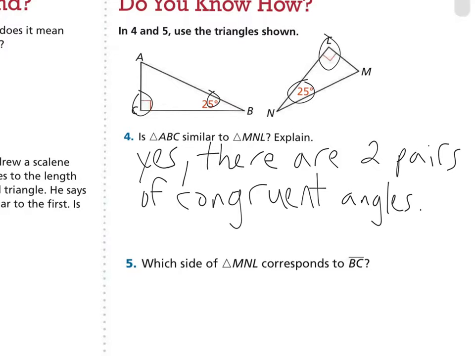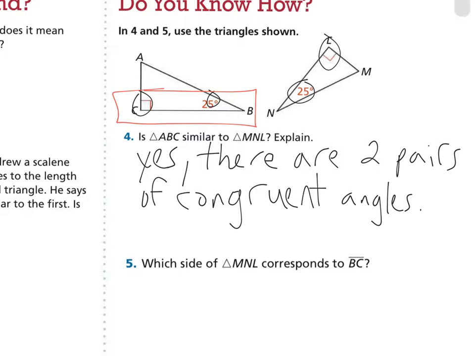And then number 5, we're trying to find which side of triangle MNL corresponds to segment BC. So again, a couple ways you can look at that. You can look at your angle measures here. We got a 25-degree angle and a 90-degree angle here.